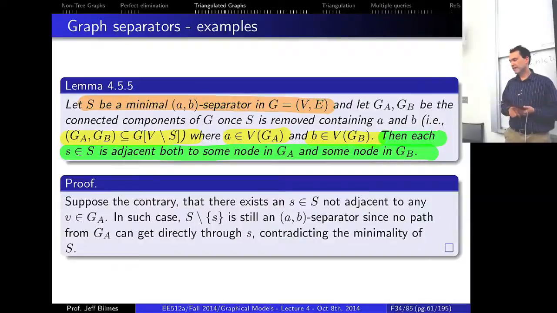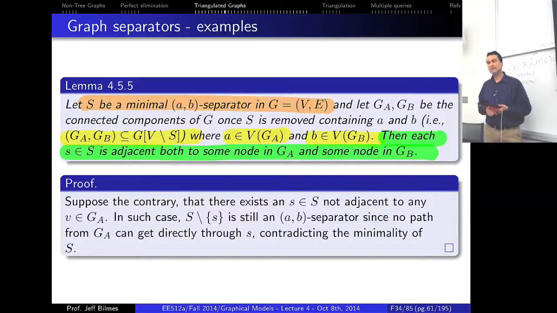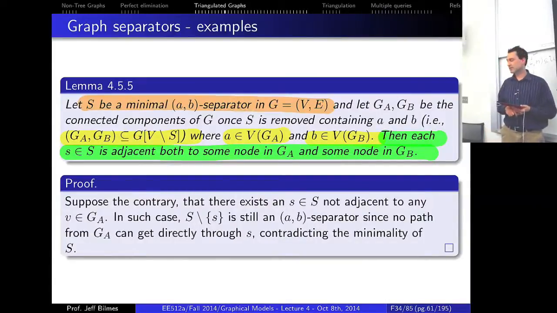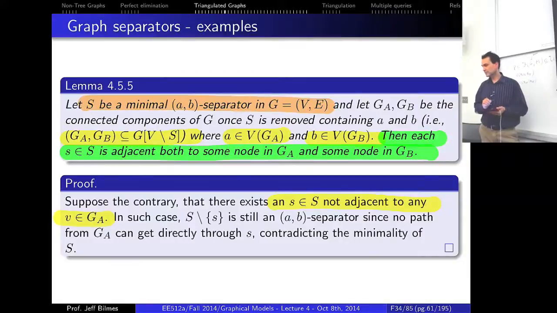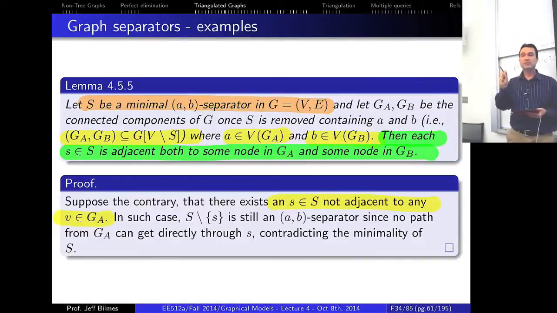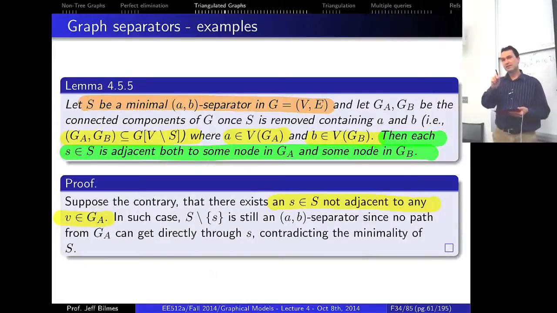And to prove that, it's a very simple proof. It's basically saying, suppose to the contrary, that in a minimal separator there is some node in S that's not adjacent to any node in, say, GA. Okay? Then if we remove that node, the remainder is still an A-B separator, because you can sort of bypass that vertex since it's not connected to anything in GA.